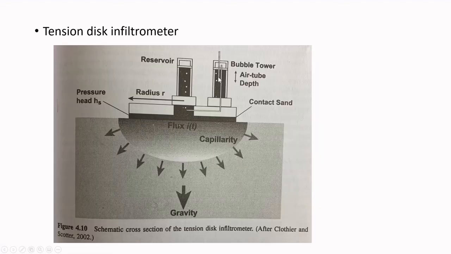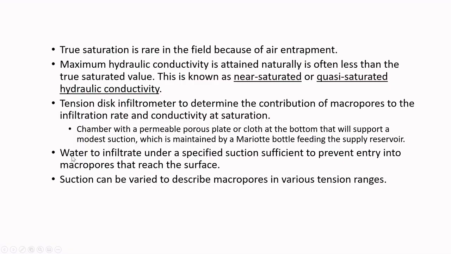So the Mariotte bottle here, we can use to manage the pressure that is applied to the porous plate. Okay. So water infiltrates under a specified suction sufficient to prevent entry into macropores that reach the surface. So what does it mean?